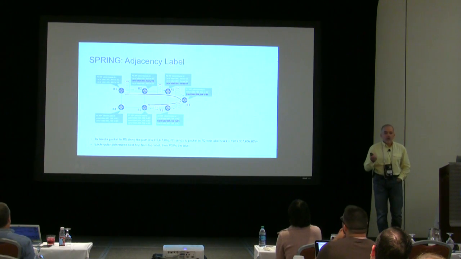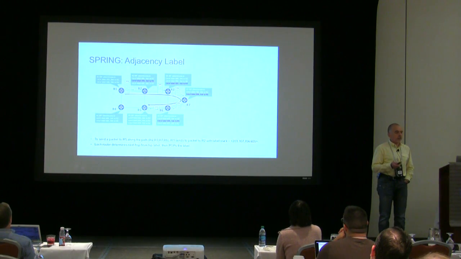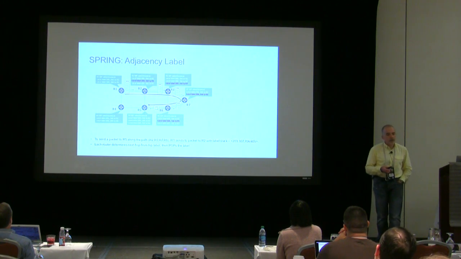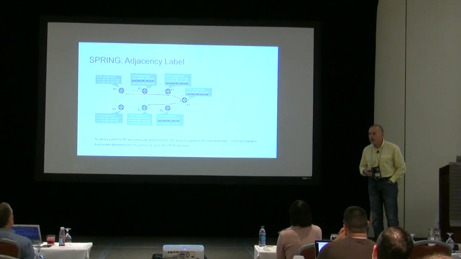The adjacency label, or adjacency segment, is the first basic segment that segment routing defines. It is the thing that I described in the previous slide. It's a label that points to an adjacent neighbor.